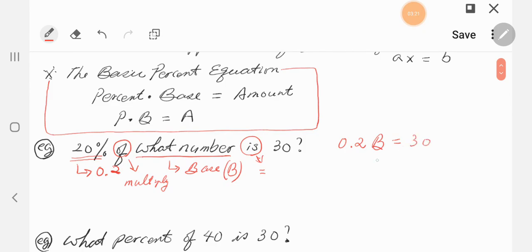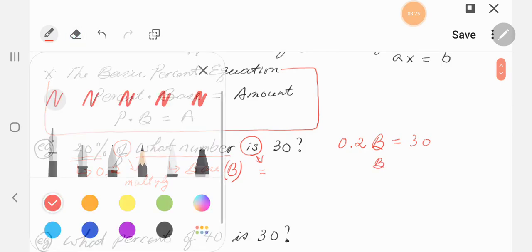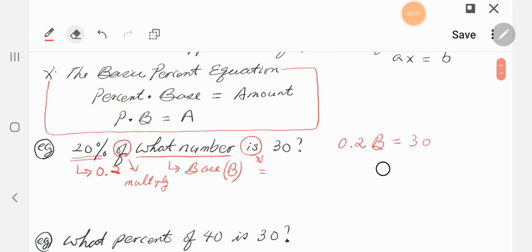Then how do you find b? Do you remember last section? We want to get rid of the 0.2, so we divide by 0.2.